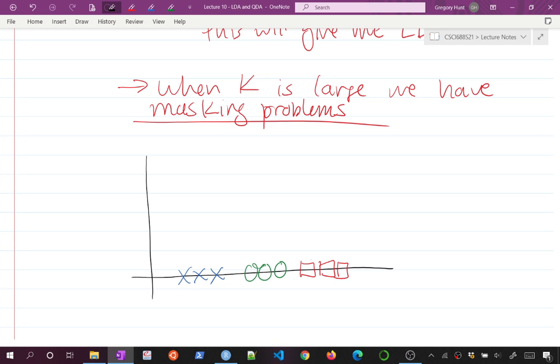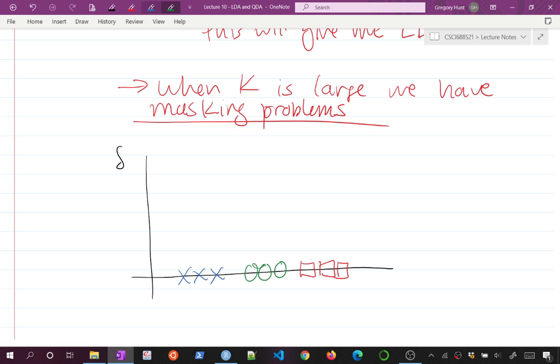I'm going to plot here my discriminant functions for each of these. And what will happen if you do this regression approach with a bunch of classes is you're going to mask some classes. Some classes are never going to get predicted in a very unfair way.